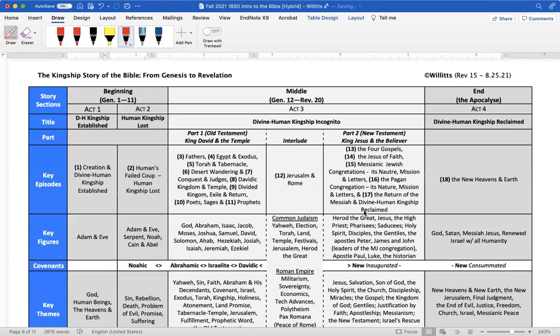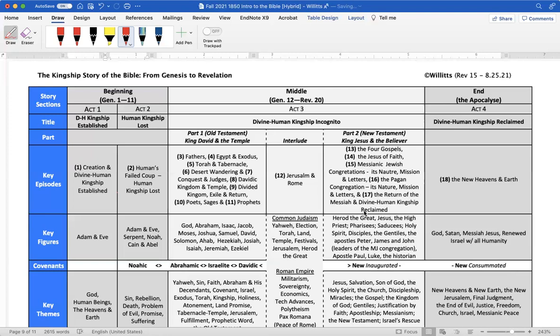Beginning, middle, and end. This diverse book of 66 different documents written by over 40 authors have been brought together in such a way that they actually present a grand story.